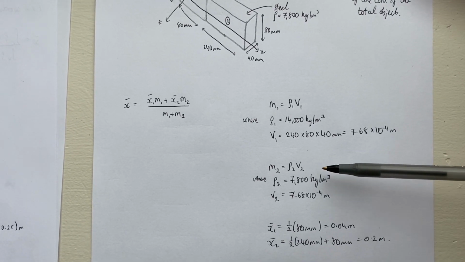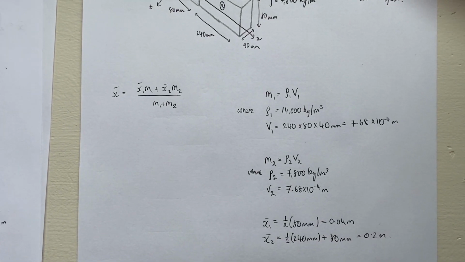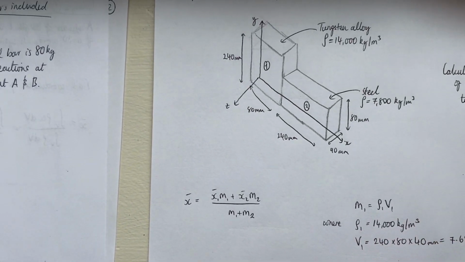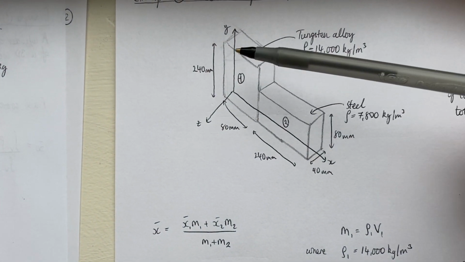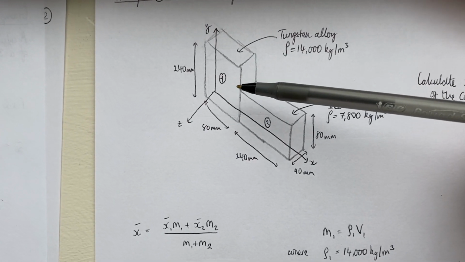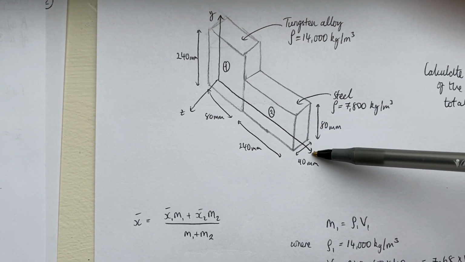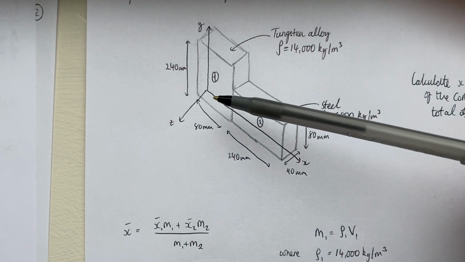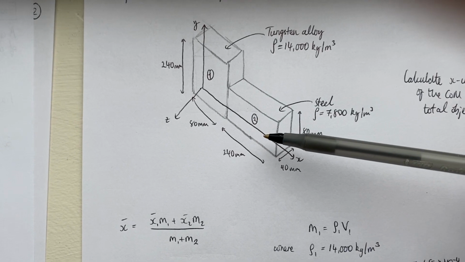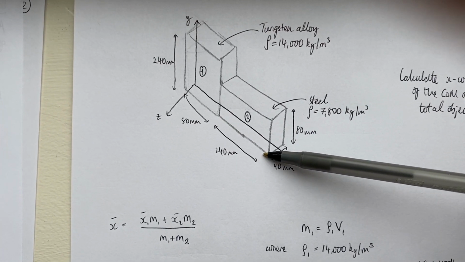And then I need to deal with finding the x-coordinates of the center of masses of both of those pieces. Because the density is constant in both of these pieces, and it's centered about the x-axis, I know the x-coordinate of the centroid of this piece is halfway along it, and I know the x-coordinate of the center of mass of this piece is halfway along this.